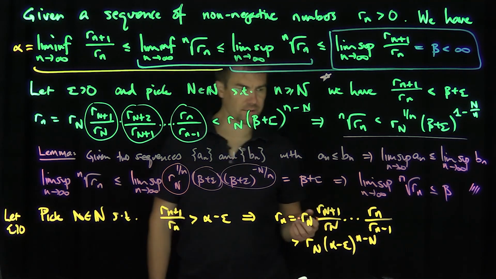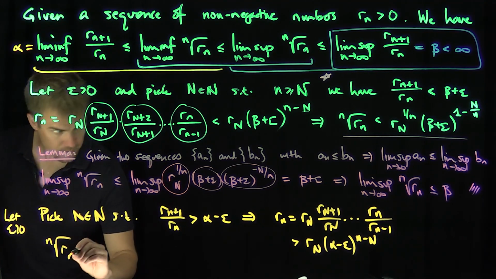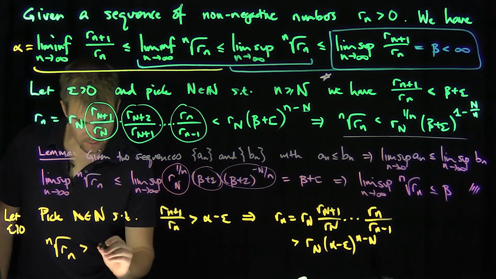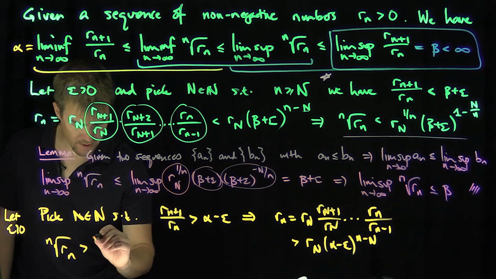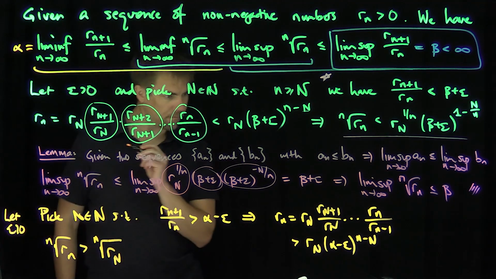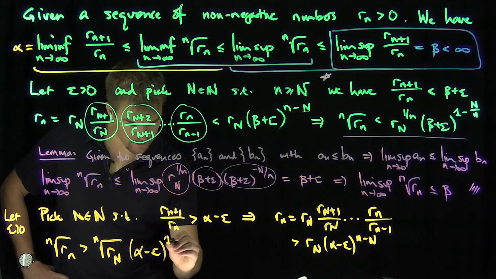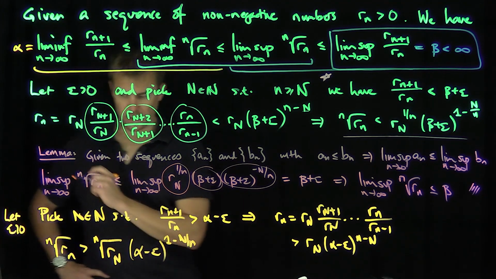I'll take the nth root of both sides again. So taking the nth root, we can conclude that the nth root of R_n is bigger than the nth root, because it's a monotone thing, the nth roots, and these are non-negative numbers, of that fixed number R_N, and then alpha minus epsilon to the 1 minus N over n, right?